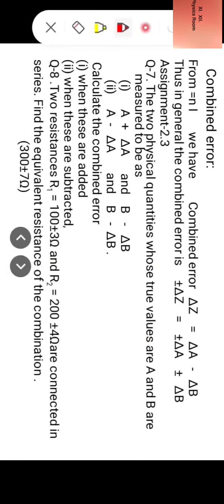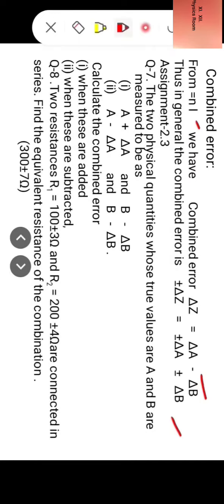Now, combined error after subtraction. From equation 1, we have combined error delta Z is equal to delta A minus delta B. Thus, in general, the combined error is plus minus delta Z, which is equal to plus minus delta A plus minus delta B, because error could be on the plus side as well as the minus side.